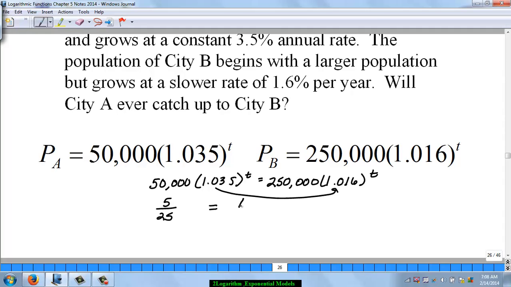So I have 1.016 to the t divided by 1.035 to the t. Now recall, if this is both raised to the t, I can rewrite it to say 5 over 25 equals 1.016 divided by 1.035, all of that raised to the t. Now when I get to this point, I can natural log both sides and come up with an answer.